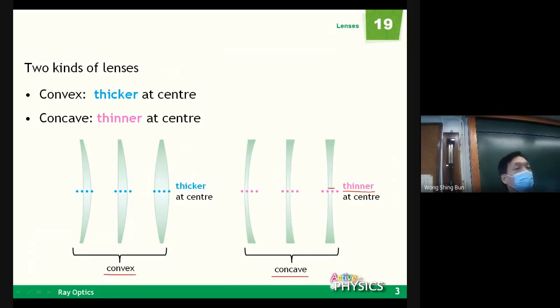Next one, for a convex lens, if you are long-sighted, try to feel it. The center will be thicker, and the outer part should be thinner. But most of you, if you wear glasses, you will feel that the shape of your lens is not exactly like this.